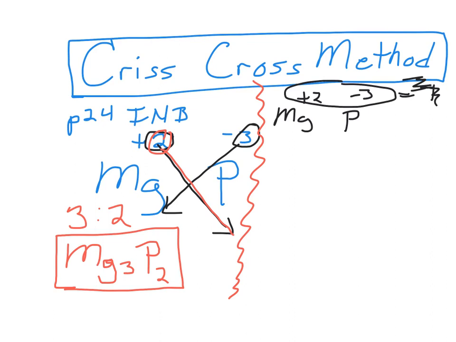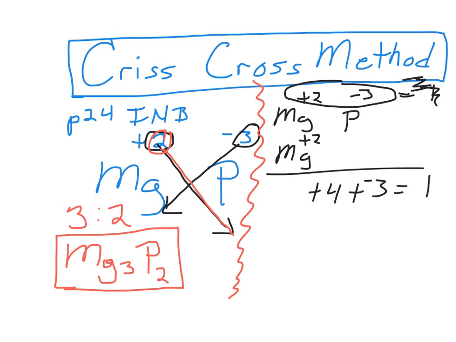So what if I add another magnesium? Well, that's another +2. So this would give me a +4 plus a -3. This now gives me a +1. Now, does that equal 0? No. So we can't use that.